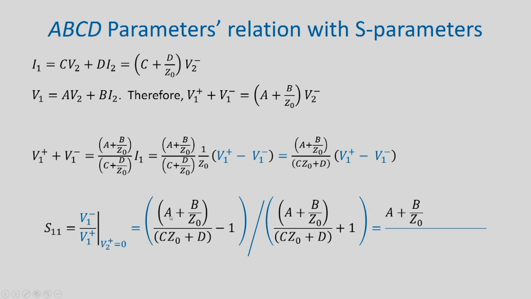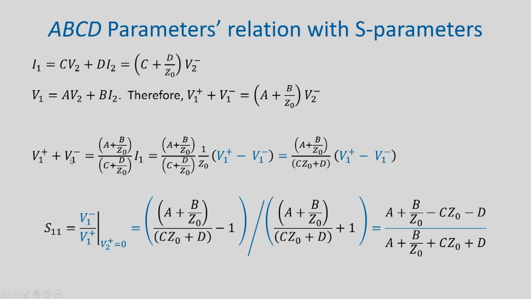It can be written as (A plus B by Z naught by C Z naught plus D minus 1) divided by (A plus B by Z naught by C Z naught plus D plus 1).